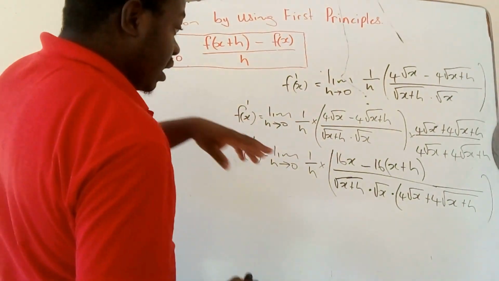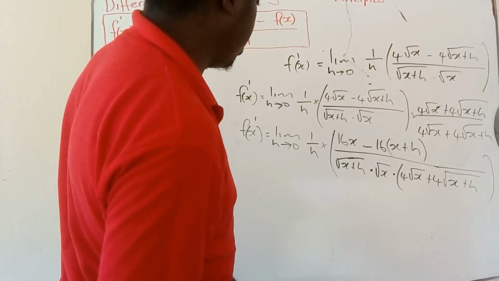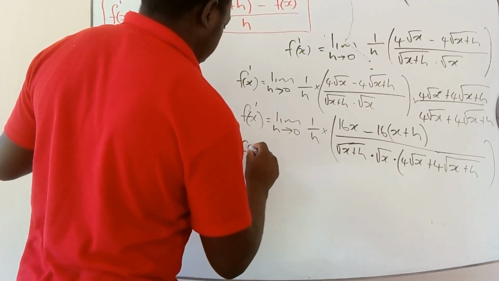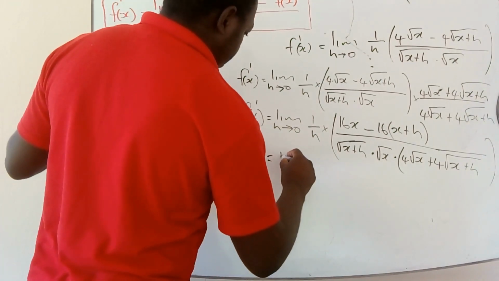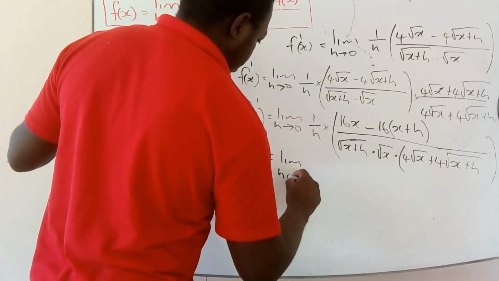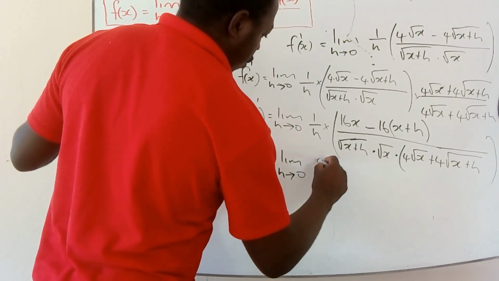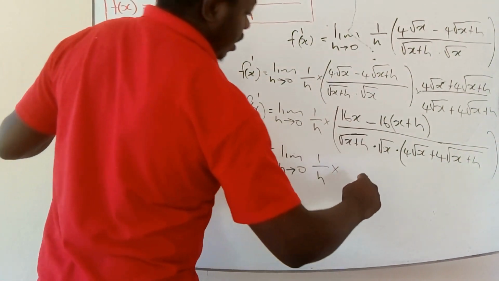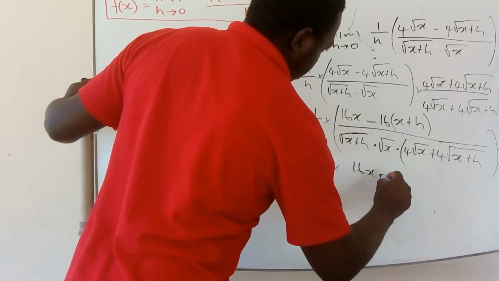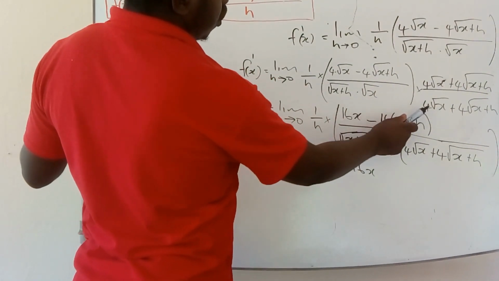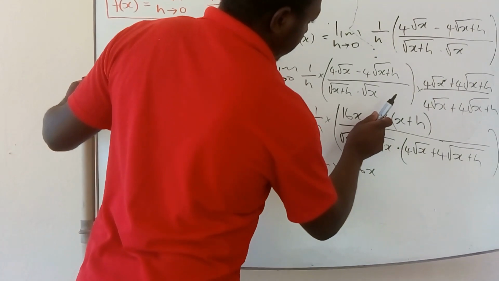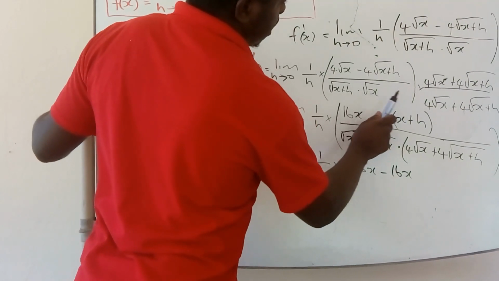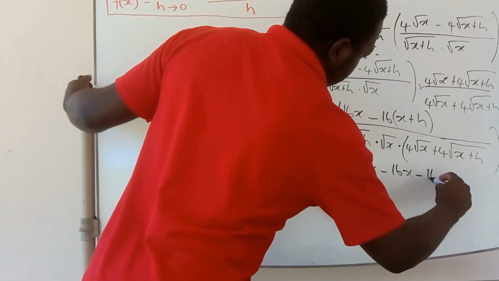Now we can expand the numerator. If we expand the numerator, we get f prime of x is equal to the limit as h approaches 0 of 1 over h times, here this is the 16x, so this becomes 16x. If we distribute this negative 16 to each term, negative 16 times x gives us minus 16x, and negative 16 times h gives us minus 16h.